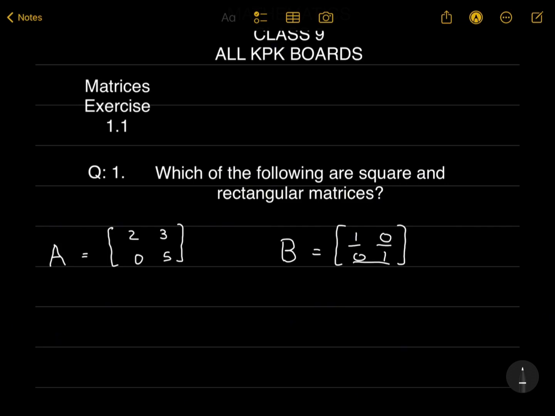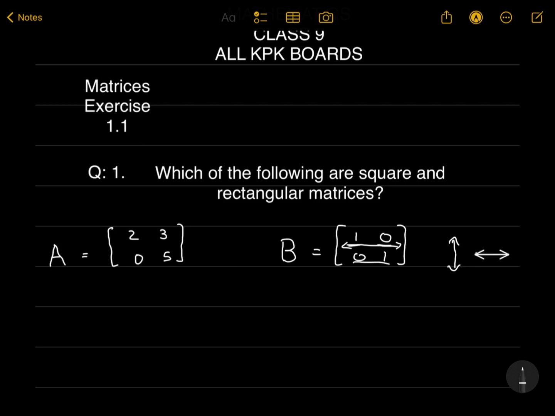So it's quite easy, isn't it? Let me demonstrate it. For example, we know that rows are horizontal, these numbers, for example 1 and 0, these are rows, and columns are vertical, so these are columns.